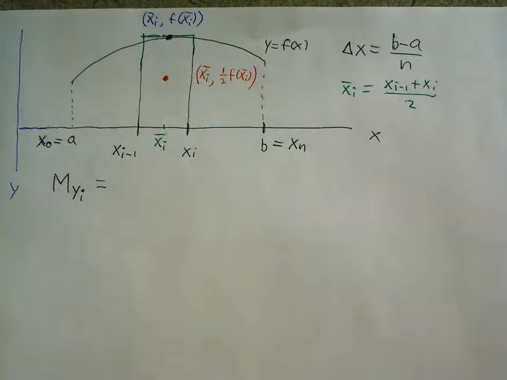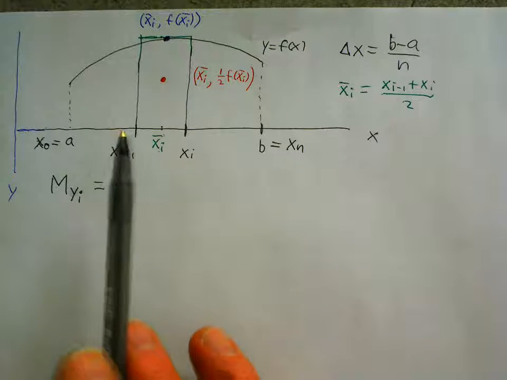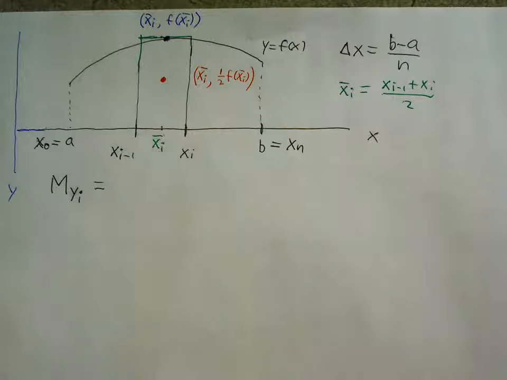Let's see, a moment is mass times a distance, right? So what's the mass of the rectangle? We're assuming that it has uniform density rho, and so the mass of a rectangle is the density times the area.